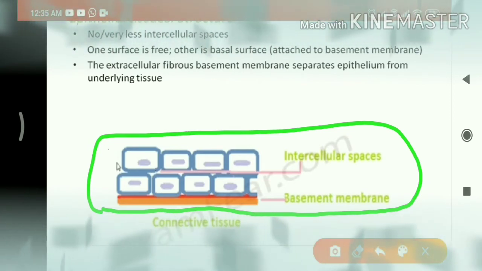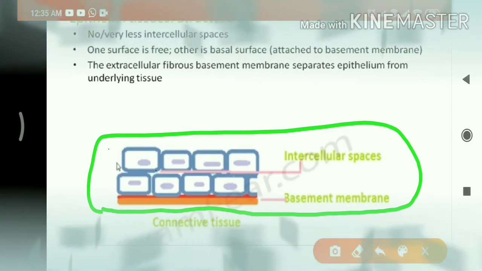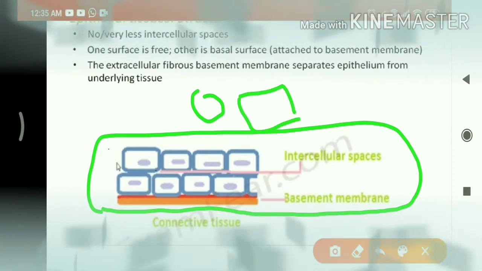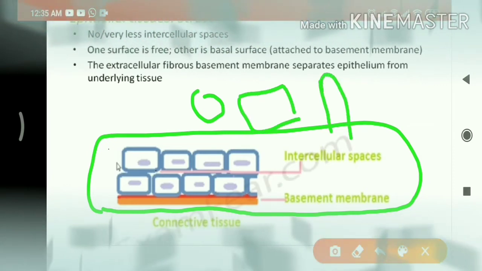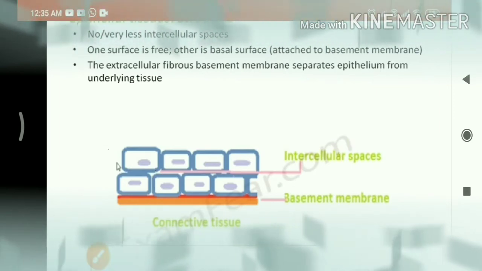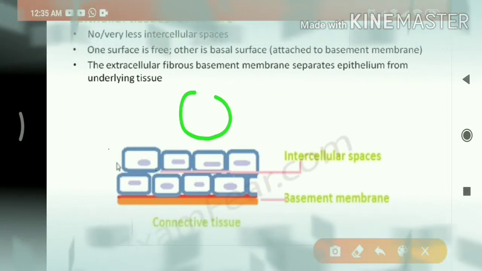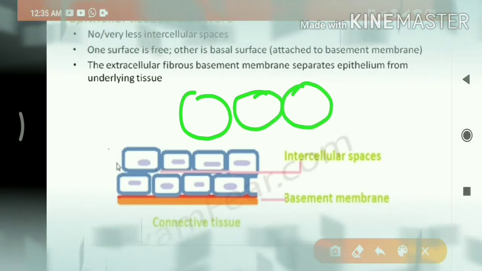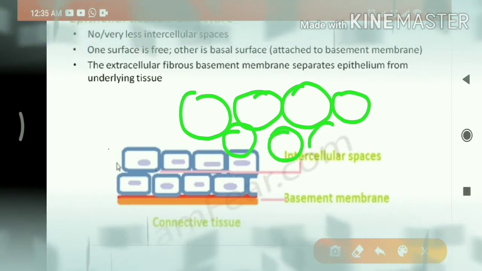If this is some half part of the stomach, and this is some tissue of the stomach, which tissue? That is the epithelial tissue, right? So there is a connective tissue that connects the stomach with the intestine. So there is a requirement of connective tissue. That's why here is the connective tissue.